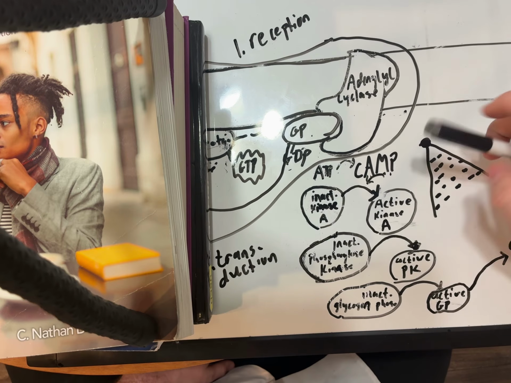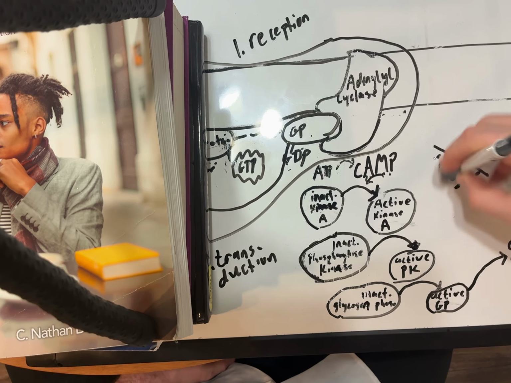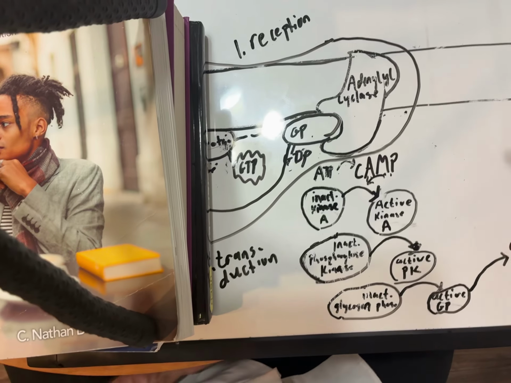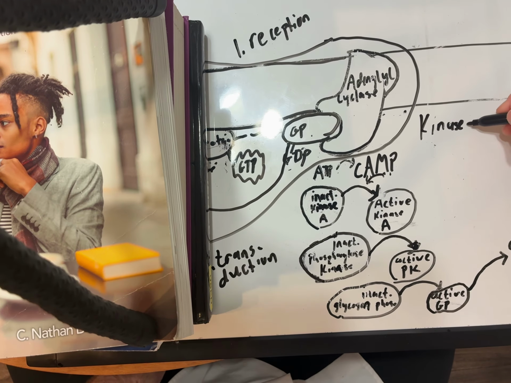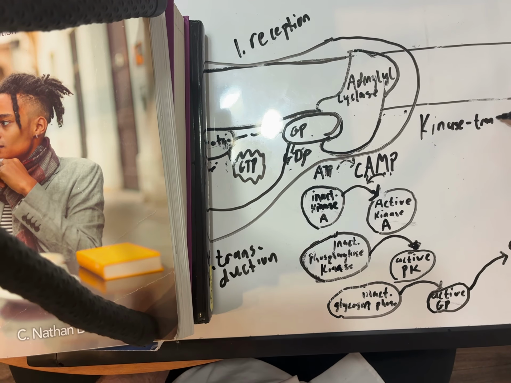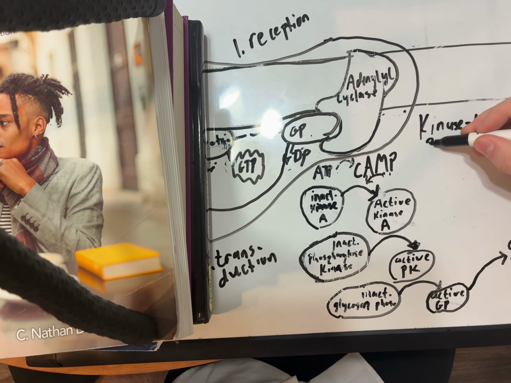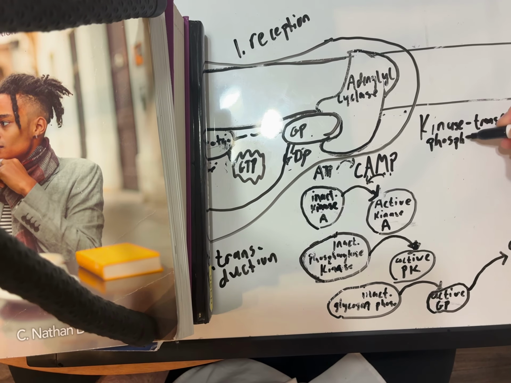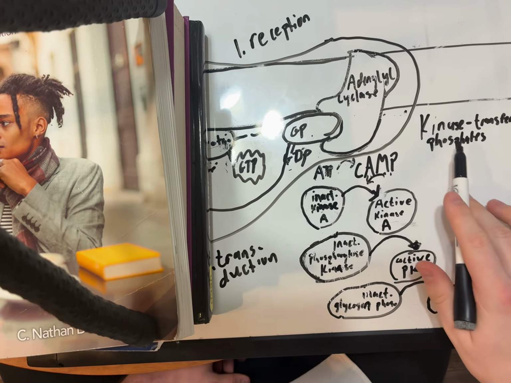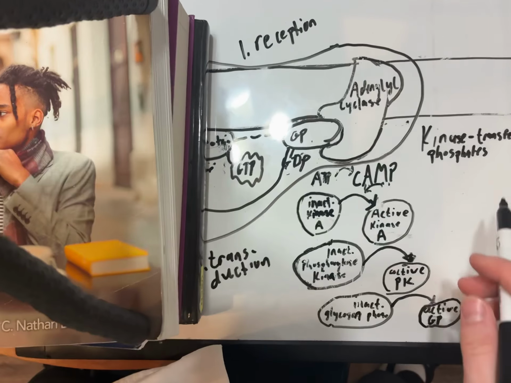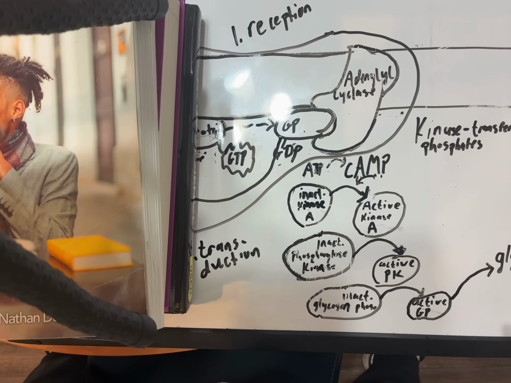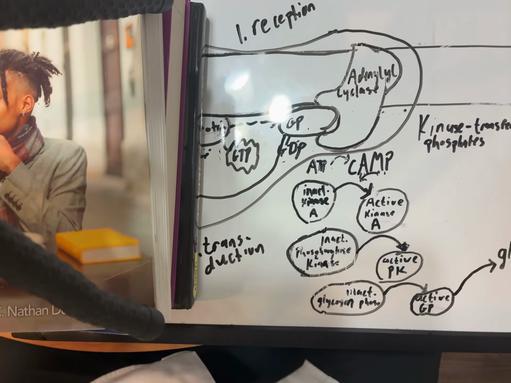And real quick, a couple definitions that are good to know. Anytime you see the word kinase, that means that it is going to transfer phosphates. So kinases phosphorylate something. And then the other one would be phosphatase.